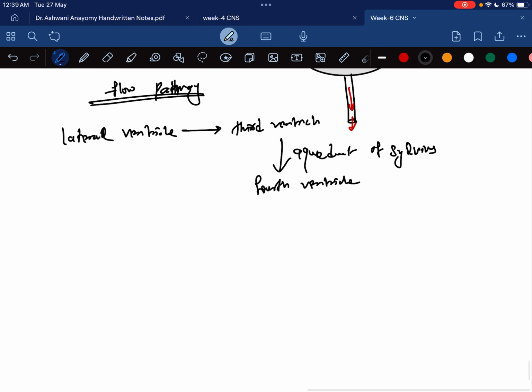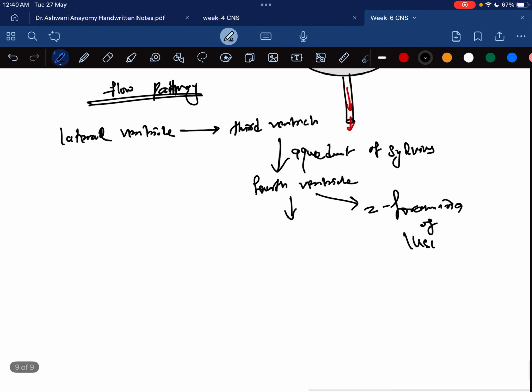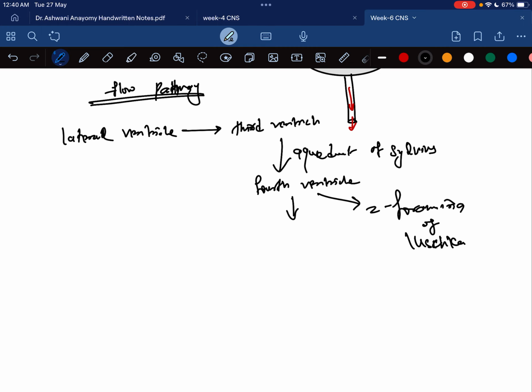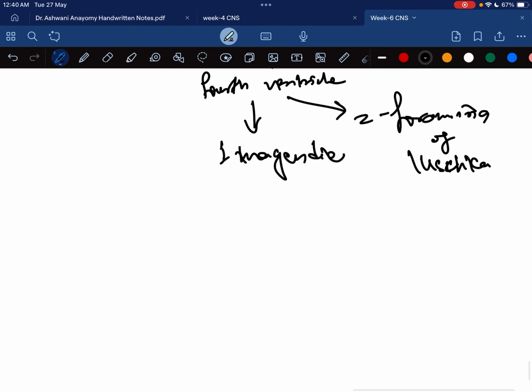Then from the fourth ventricle there are two foramina of Luschka, which are present in the lateral, and one foramen of Magendie, which is present in the middle.